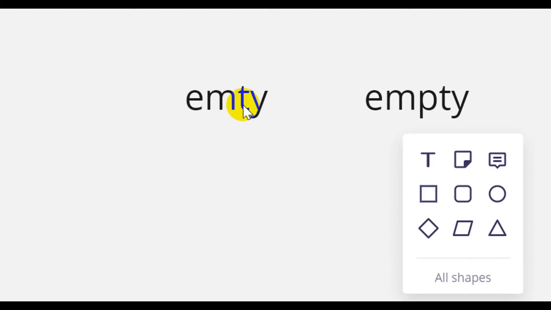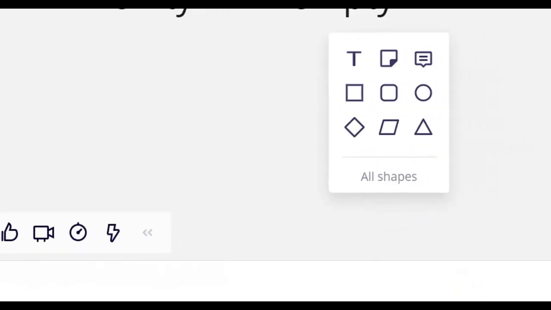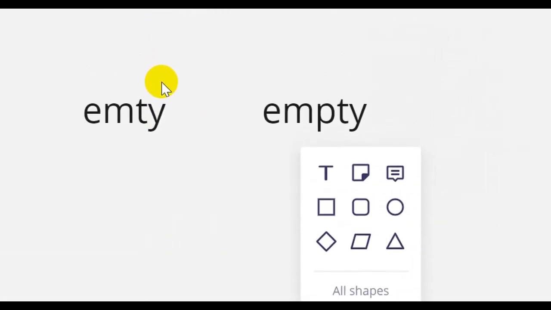When we want to end the sound m and then change into t, the position of the tongue is still in bilabial. But the air changes, the air goes out through the oral cavity.